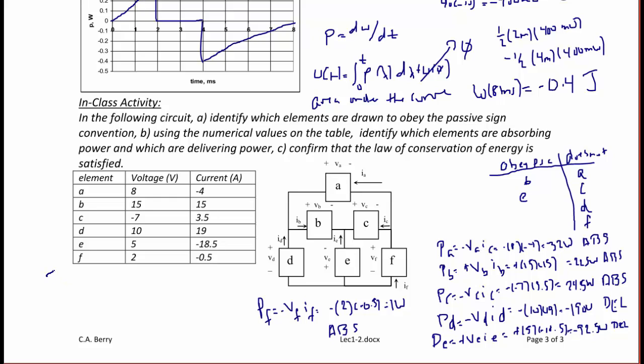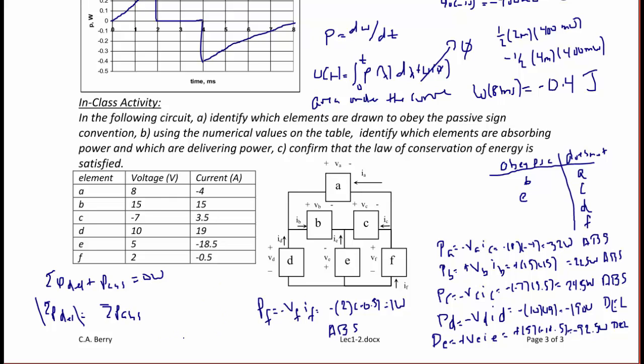So there's two ways we can do this. You can sum the power delivered plus the power absorbed and see if it equals 0 watts. Or you can say that the sum of power delivered, the absolute value, must equal the sum of the power absorbed.